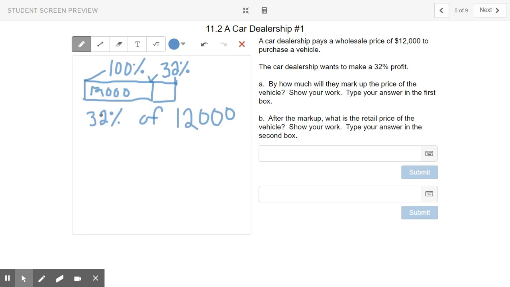Remember, this is percents of a number. You could have a calculator that has a percent key, and that's awesome if you do. If you don't, then you're going to have to change this to a decimal first. So the 32% becomes 0.32. Remember, of means multiply, and we're multiplying it by that original $12,000.